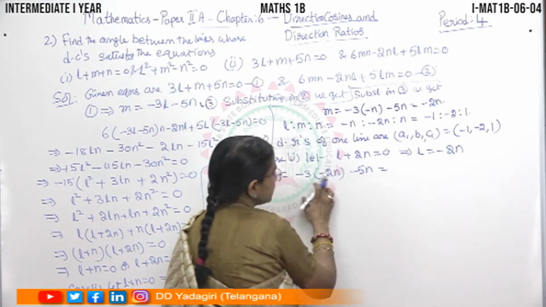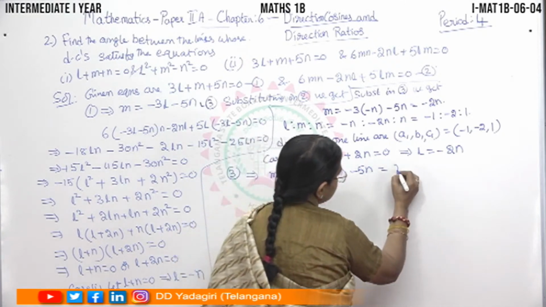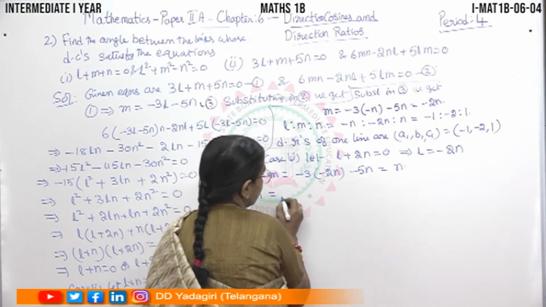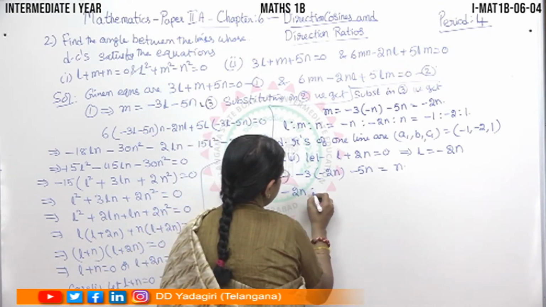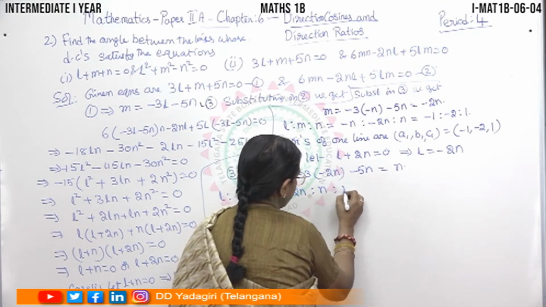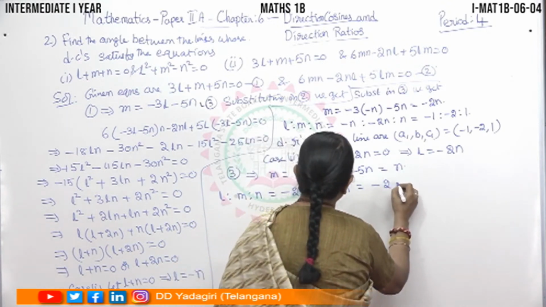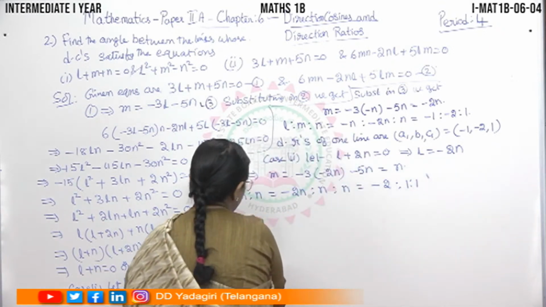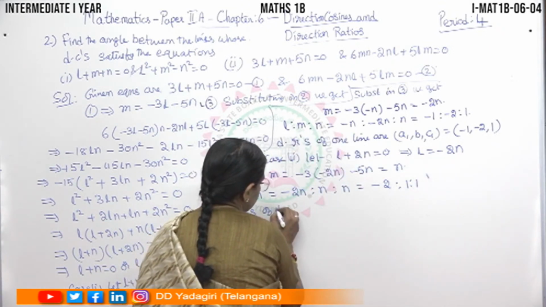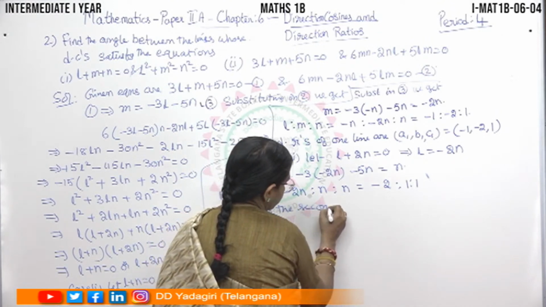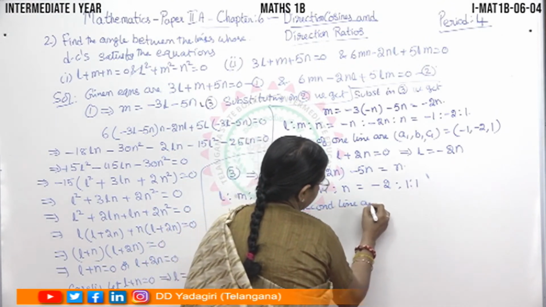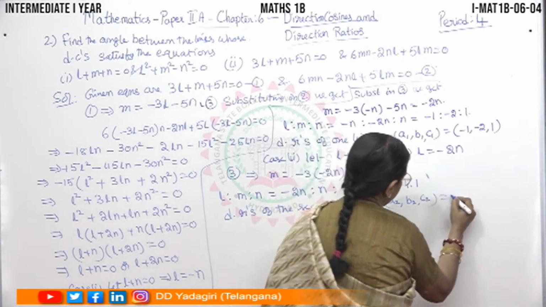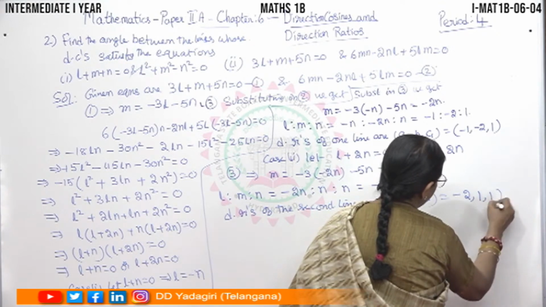So that is 6N, 6N minus N, that is N. So now we'll find L is to M is to N. So L is minus 2N is to M, M is N is to N. So that is minus 2 is to 1 is to 1. Now we'll write: therefore, the direction ratios of the second line are A2, B2, C2 is equal to minus 2, 1 and 1.